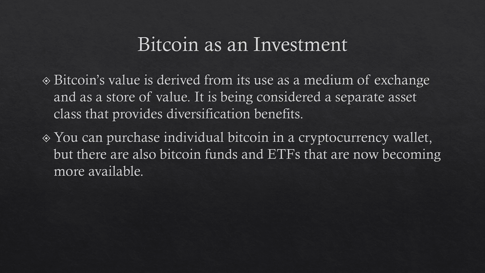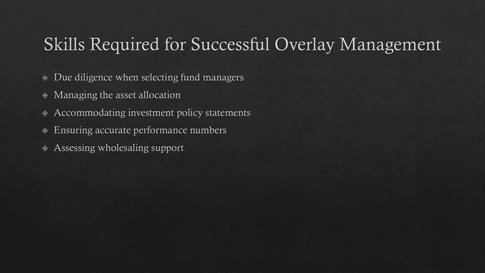So right now, it's really that store of value. People think Bitcoin may be a good investment as a hedge to inflation, but it is all quite debatable. You can purchase individual Bitcoin in a cryptocurrency wallet, but there are also Bitcoin funds and ETFs that are now becoming more available.